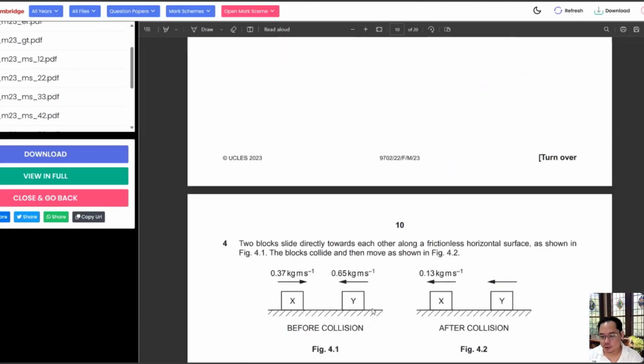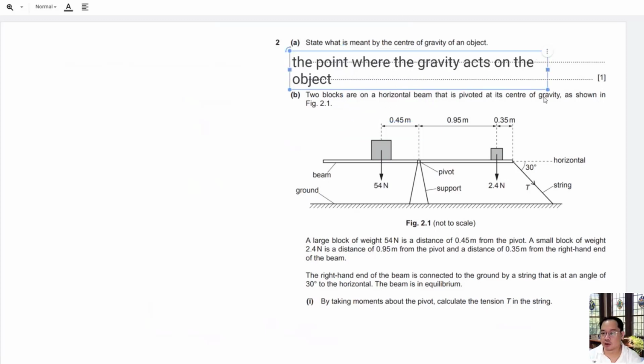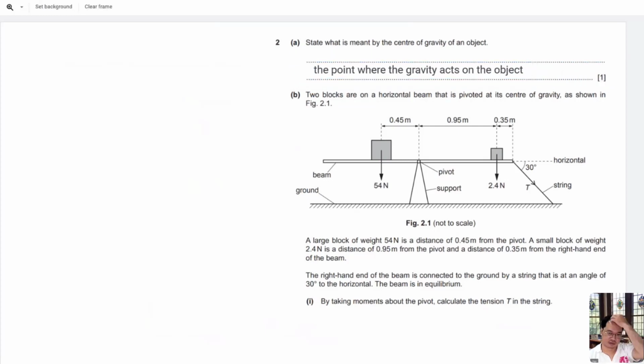That is a problem about torque. The point where the gravitational force, the gravity, acts on the object. Okay, so it involves some theoretical question like this, requiring memory, like biology.